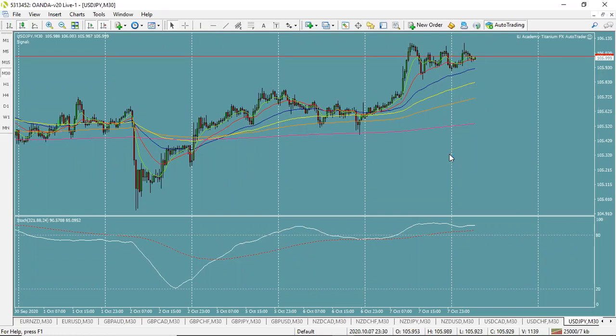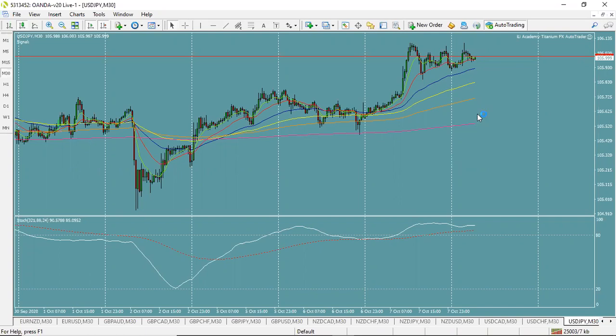Don't assume because it's US dollar in the front, it's going to do the same thing as the others. We kind of saw that in New Zealand. We saw that all of the New Zealanders were kind of doing the same thing. Pretty much amongst the Aussies, you find that, except for maybe the Aussie New Zealand. And the US dollar pairs tend to do that too, but definitely look at it first. Don't let the other pairs bias you in your decision making.